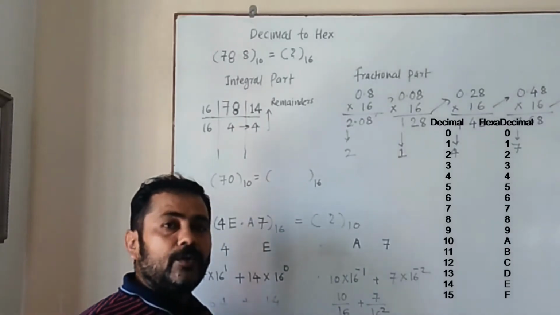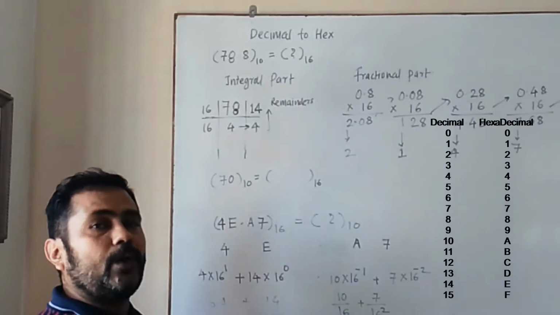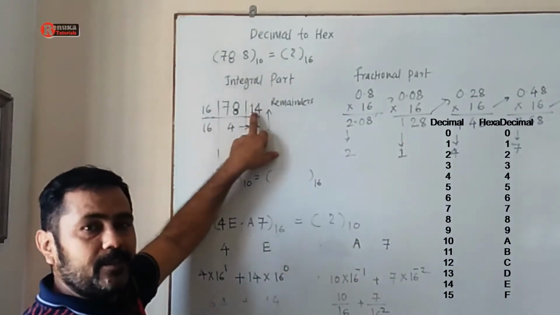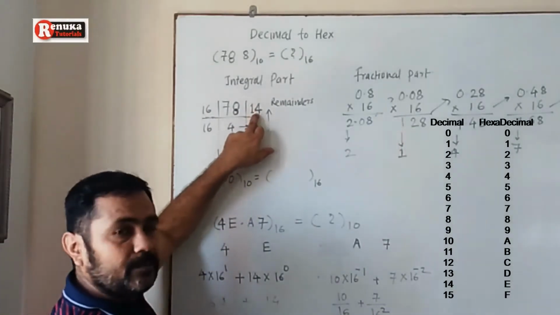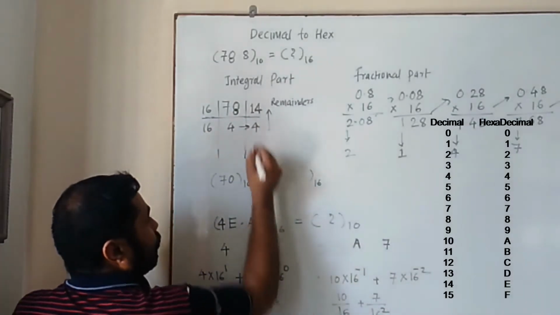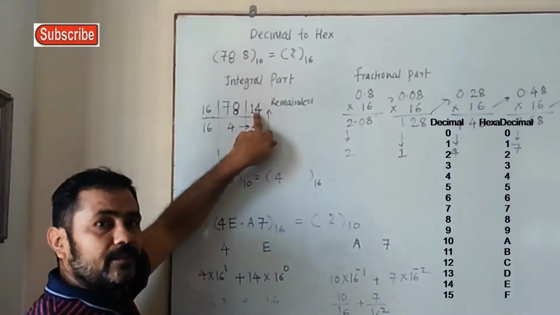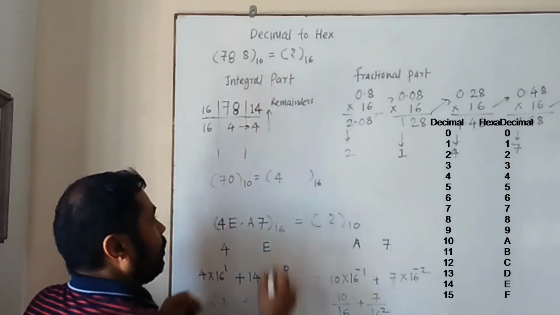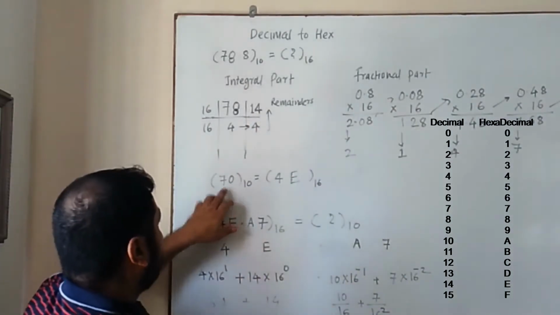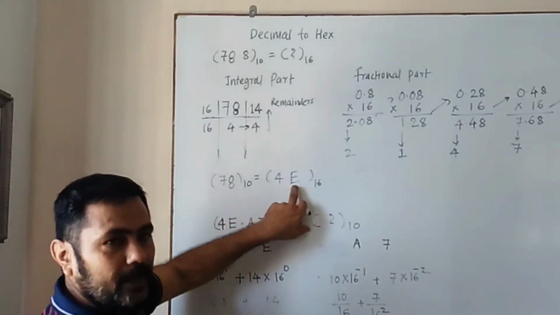After 9, that is 10 to 15, they are represented by the alphabets A to F. So instead of writing 14, the hexadecimal symbol for 14 will be E. So I will write 4 first, and then E. So 78 in hexadecimal will be 4E.